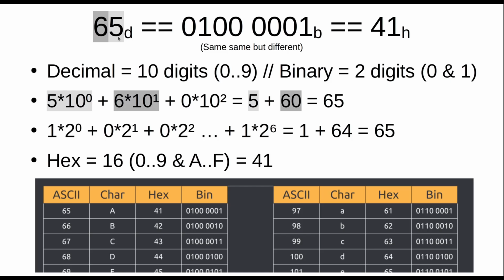The same way that the number 56 is based upon 10 combinations per position, the binary system is based on 2 combinations per position. And so the first position in a decimal number is basically just the digit times 10 to the power of 0, which is 1. And so if we have 5 at the first position, it's 5 times 10 to the power of 0, which is 5.